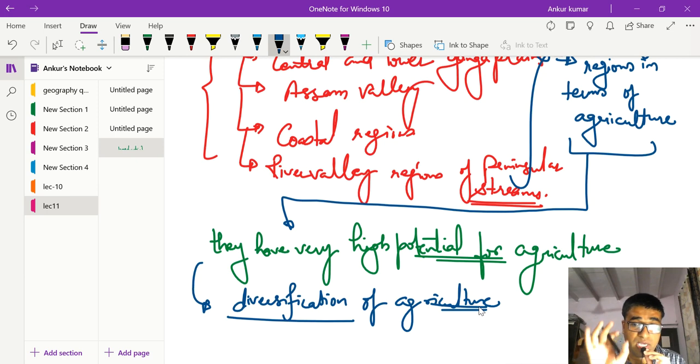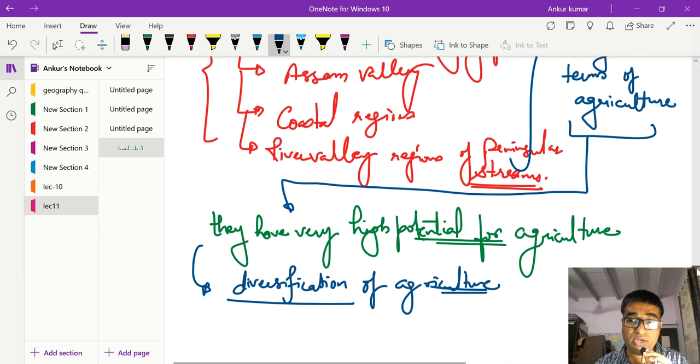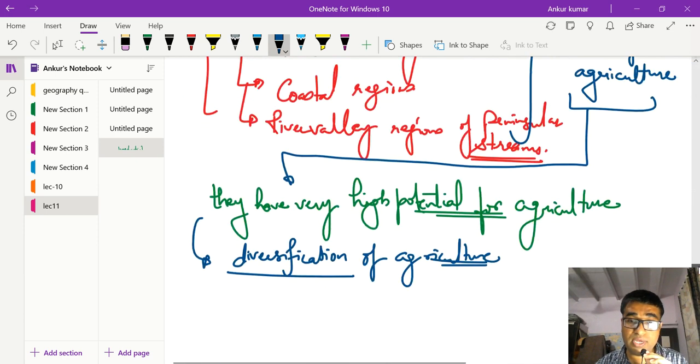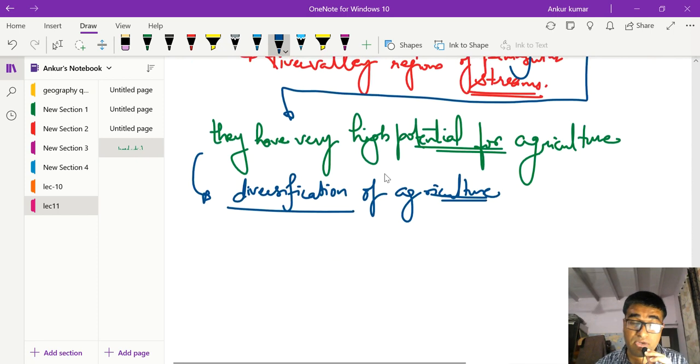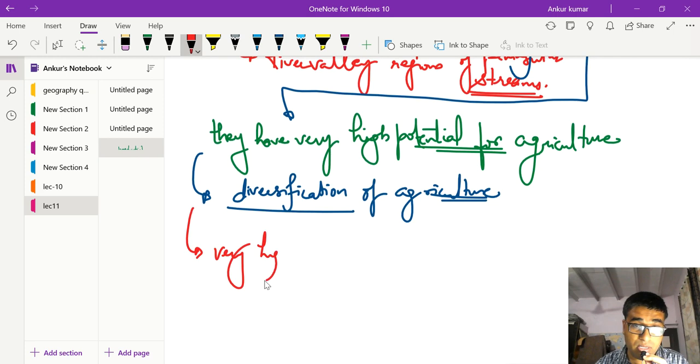So all associated allied infrastructure needs to be put in these regions, because these regions are very crucial. Why? As I told you, number one is the very high potential and diversification. Plus these regions have a very high incidence of poverty and malnutrition in India.